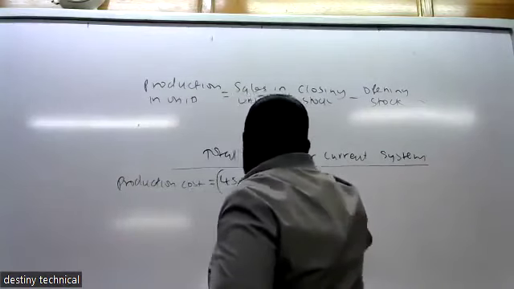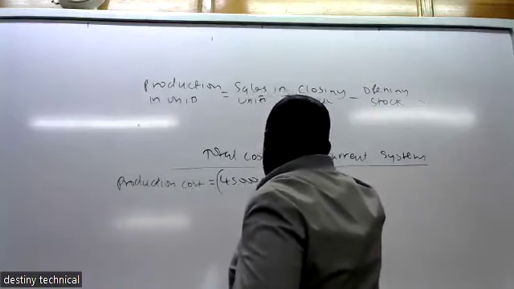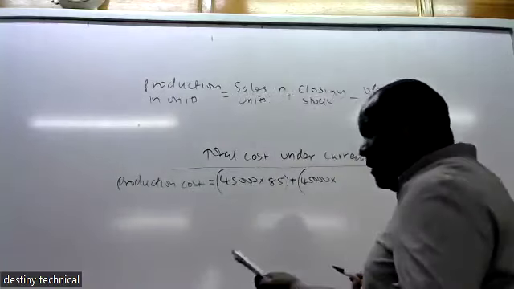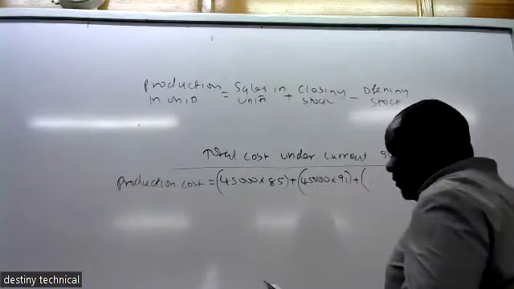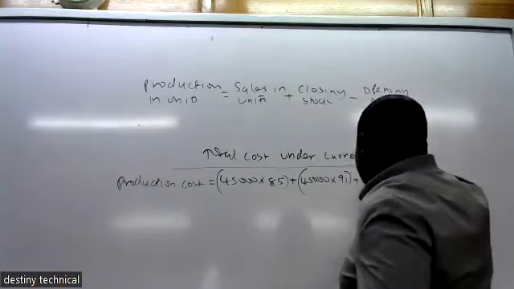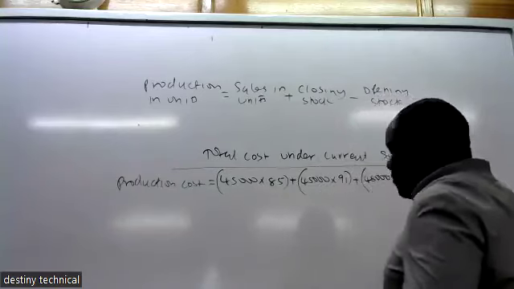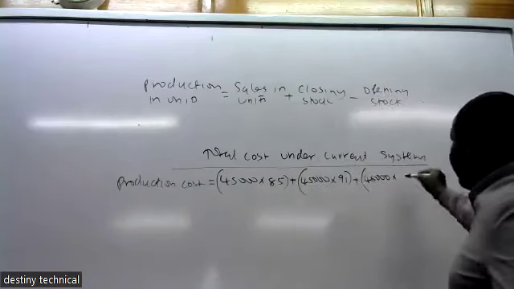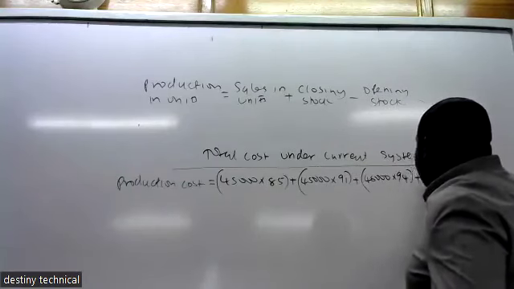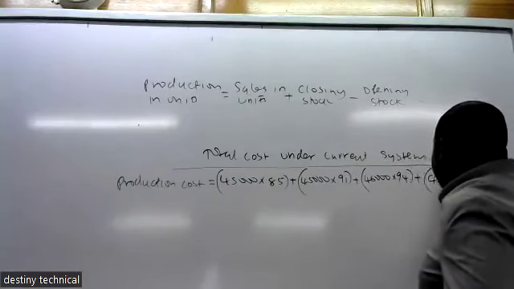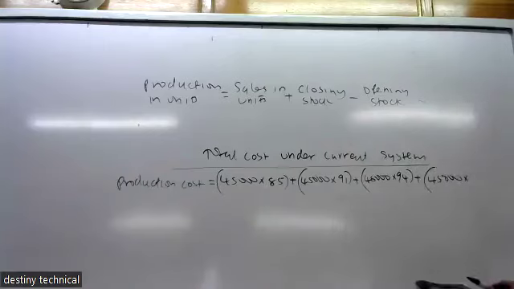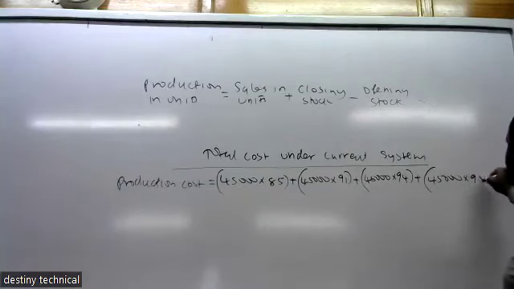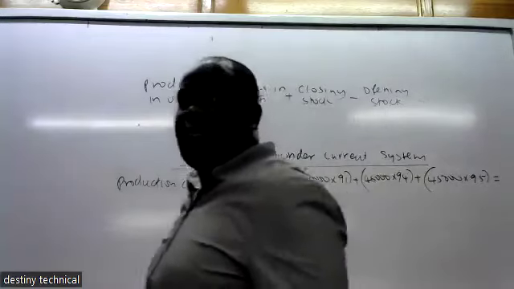The second is 45,000 multiplied by 91. The next is 45,000 multiplied by 94. Then 45,000 multiplied by 95. You add them together to give you the production costs.